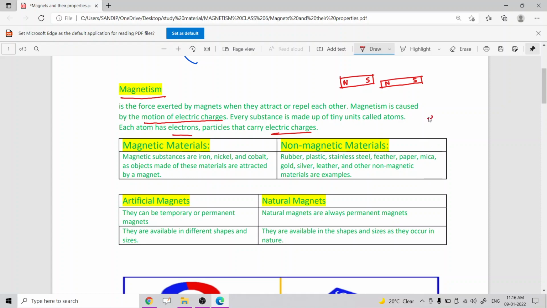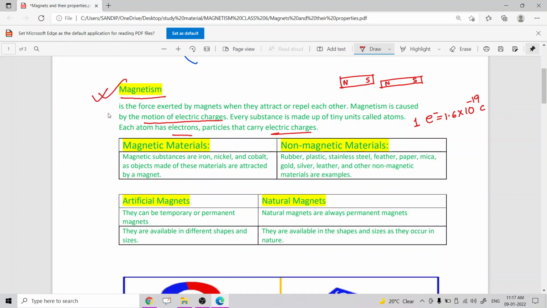And what is the charge of an electron? An electron has negative charge, and the value of charge e is 1.6 × 10^-19 coulomb, for one electron. So if we take different atoms, there are several electrons and several charges, and when the charges flow, we get magnetism.